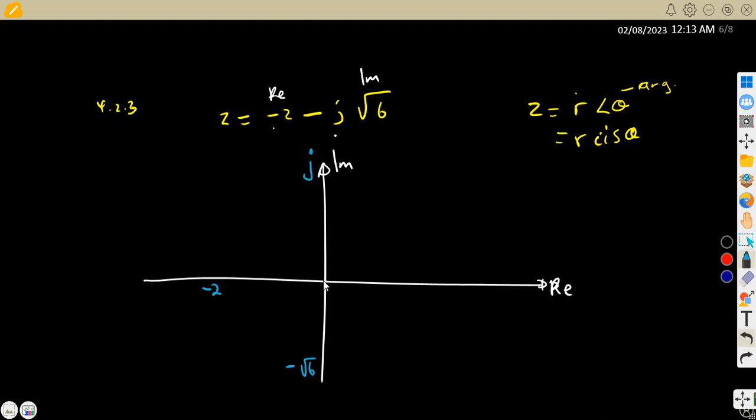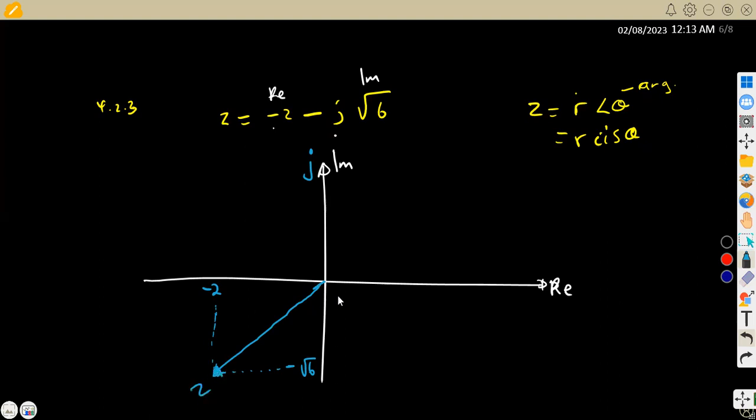So the resultant, taken from the point of intersection to where these two meet, -2 and minus square root of 6, maybe they meet at a certain point here. So we are supposed to join this to the intersection of these two. That is what we are supposed to have, something like this. Okay, so this is where we are given our Z, guys.